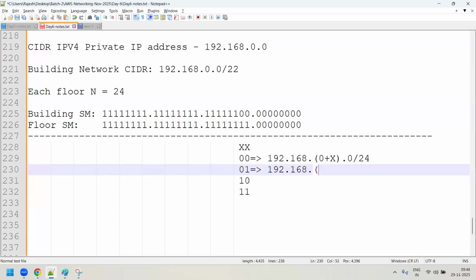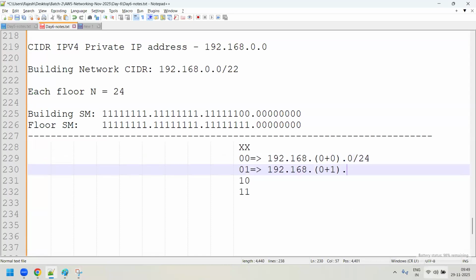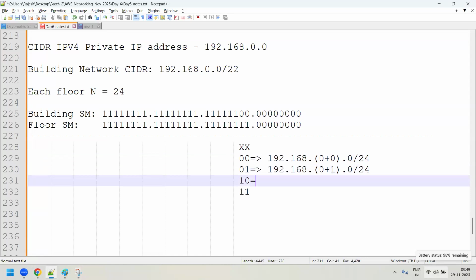192.168.0.0. This X is 0, so we'll consider 0 only. This is 1, right? Yes, it will be 1. Dot 0 slash 24. 192.168.